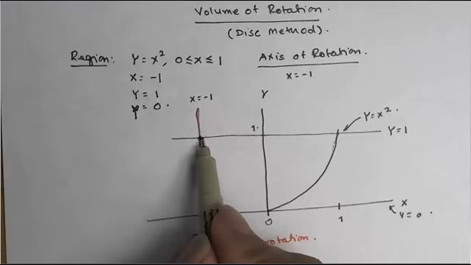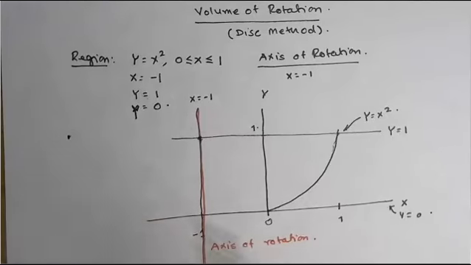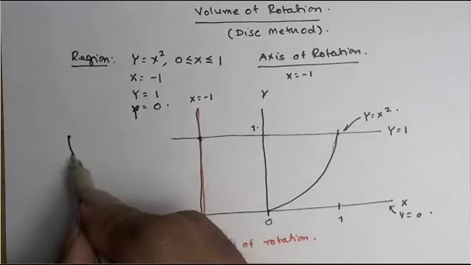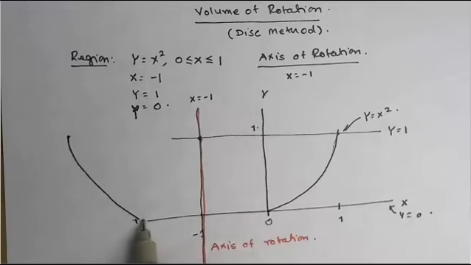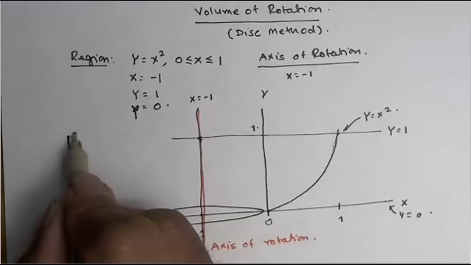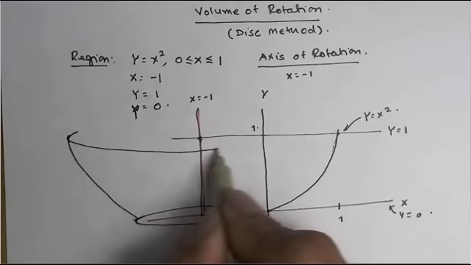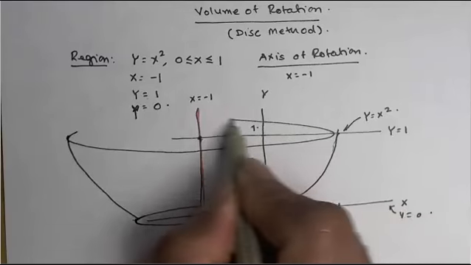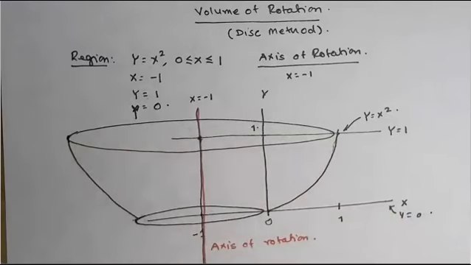So this point rotates around here to go all the way out here. This point rotates around here to go maybe here. So that's the bowl-shaped region whose volume we're interested in.